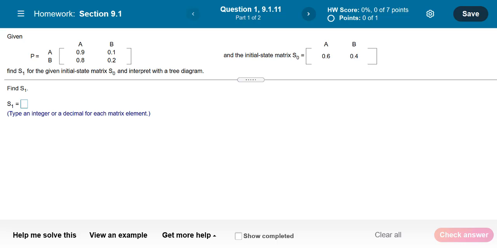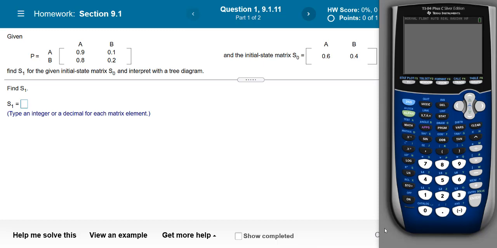For the first problem, we want to begin by entering the initial state matrix and the transition matrix into our TI-84. On the TI-84, we go second matrix. We will choose A for the initial state matrix and edit it.